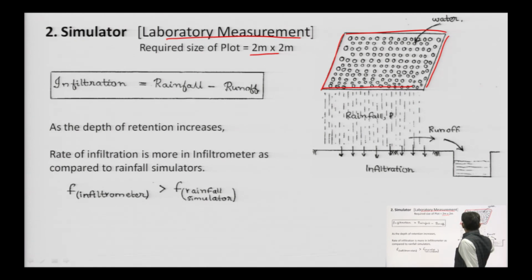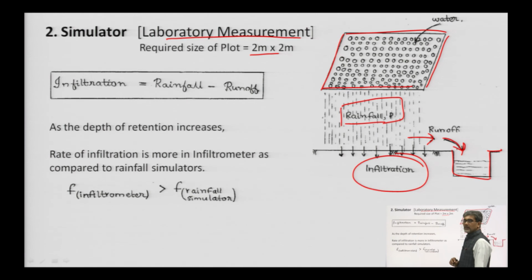Rainfall water is coming through this arrangement, and the quantity of the water which runs off is collected. So, the quantity of infiltrated water can be calculated through this model. Infiltration will be rainfall minus runoff.